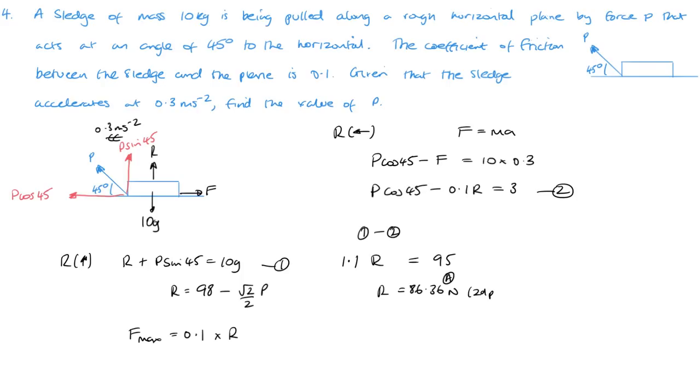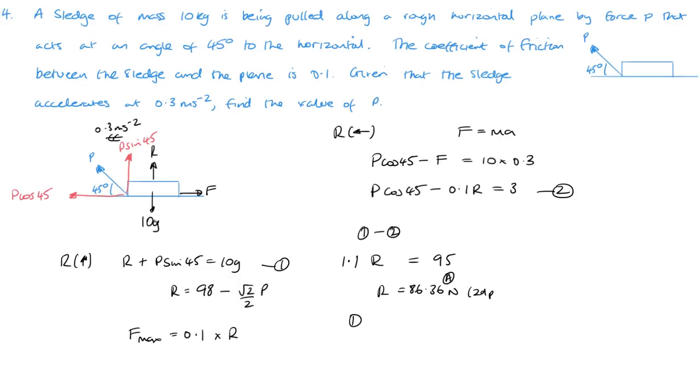And then store that as A. So we've got that in our calculator, and now I've got R, I can find P from equation 1 or from 2. Doesn't really matter.